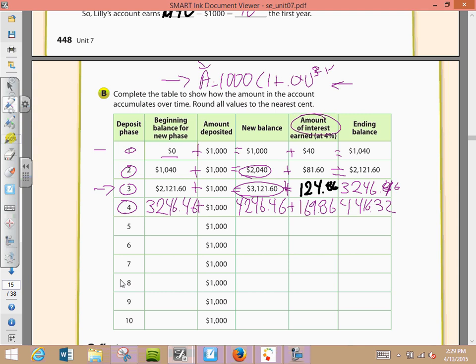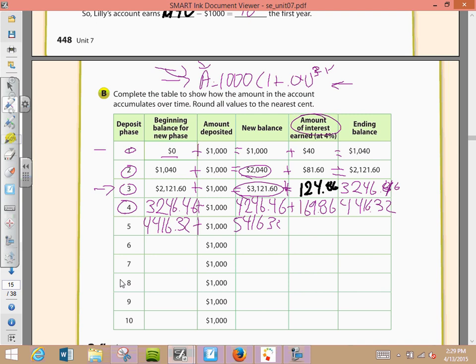So that we end up with now 4,416.32. Add a new 1,000, you get 5,416.32. And now we do again the same thing with this formula up here that I keep putting arrows on. But instead of using 4, what do you use? 5, because now we're on the 5th term.